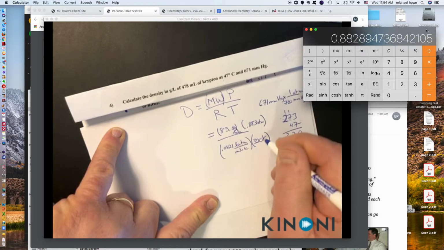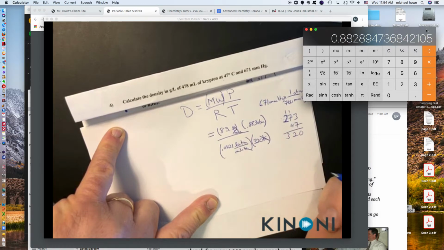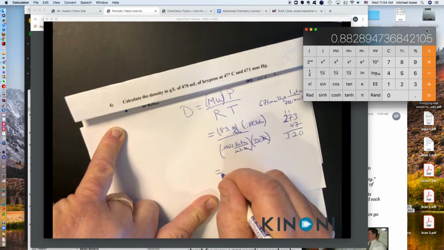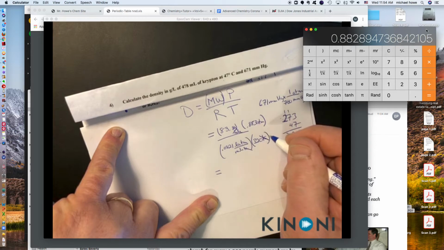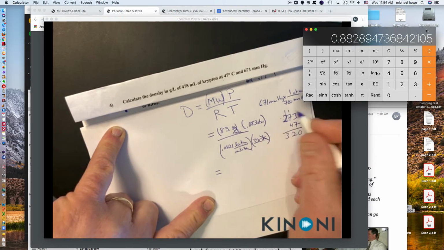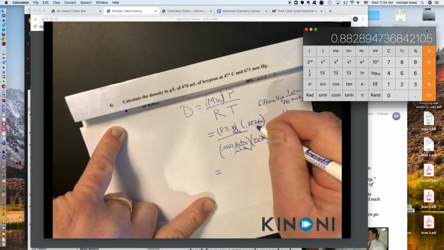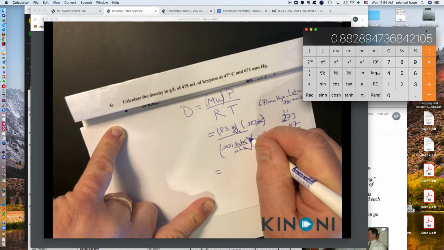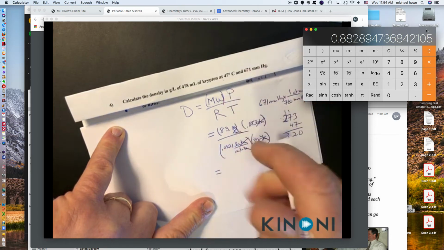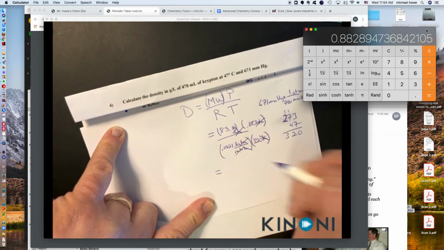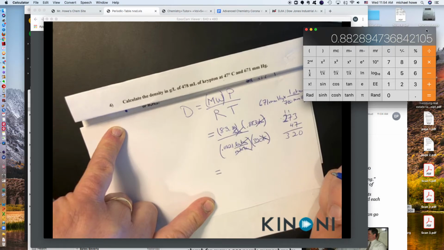All right, so K's cancel. Let's see what else cancels. Atmospheres would cancel from here to here. This is moles on the bottom and moles on the bottom, so if I flip this and multiply, moles will cancel. Grams and liters don't have anything to cancel with.